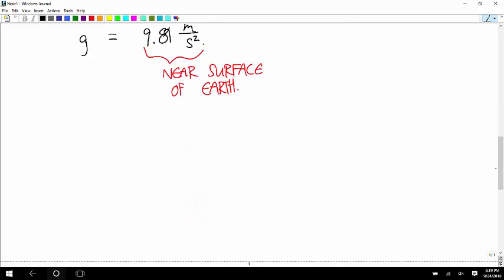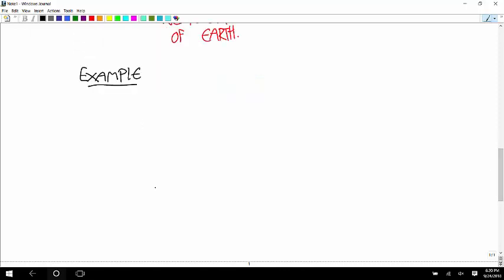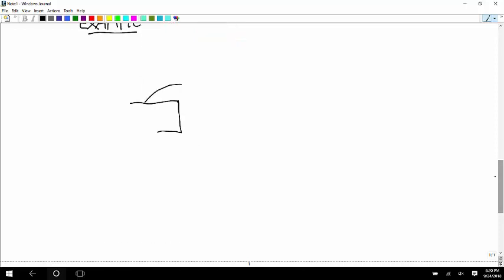So let's say you're walking across a bridge and you want to know how tall it is. You don't have a tape measure that long. Here's the water.